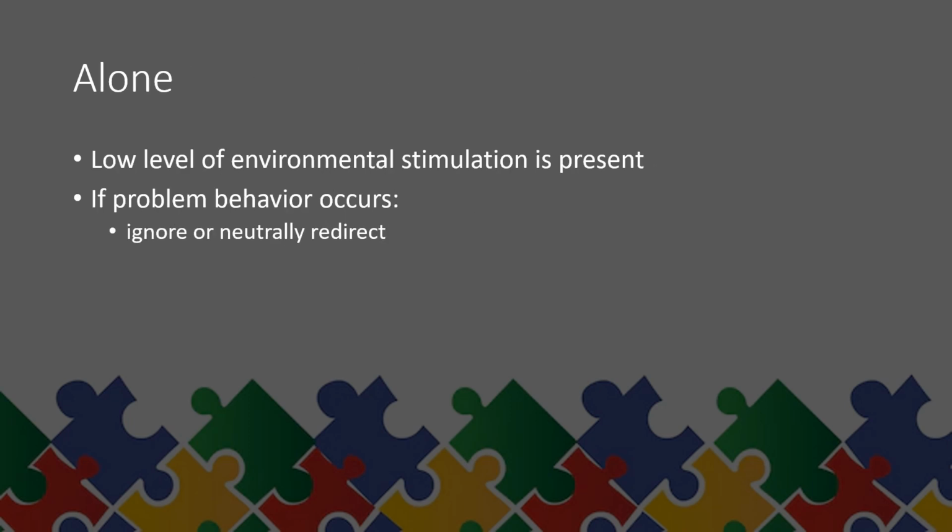In the alone condition, a low level of environmental stimulation is present. This means that the client is simply alone in the room, and items and people that might be stimulating to them are not present. If a problem behavior occurs in the alone condition, you will ignore or neutrally redirect the behavior.